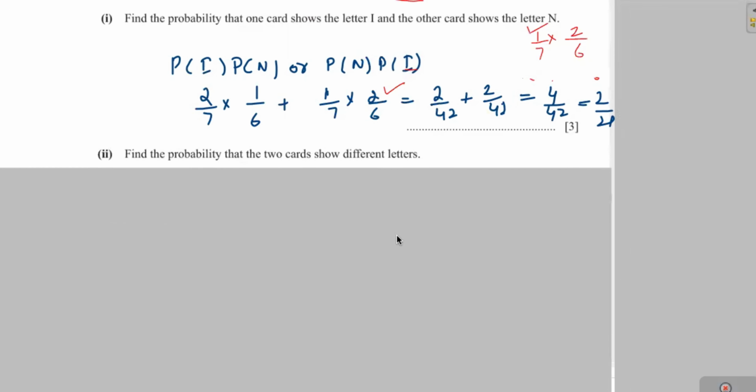Now the part second, find the probability that 2 cards show different letters.